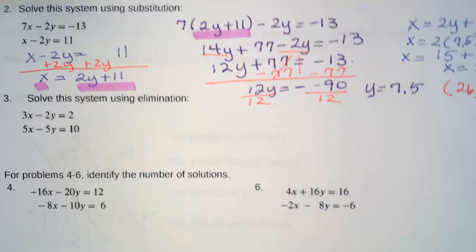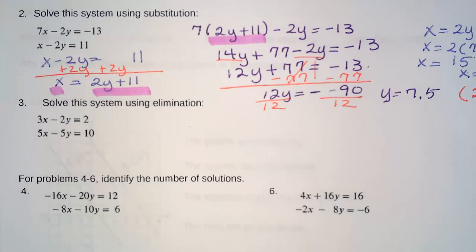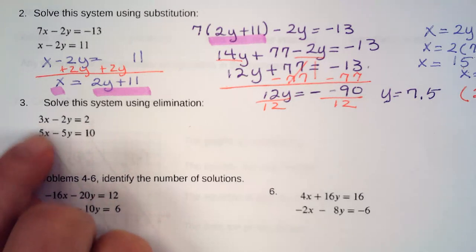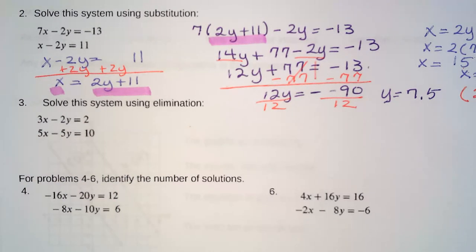So the next one we're going to solve using elimination. Pause the video and see if you know how to do that if you haven't tried it yet. You have to start off by thinking. I've got 3 and 5, I've got 2 and 5. These are both positive, these are both negatives. Does it matter which one I use?